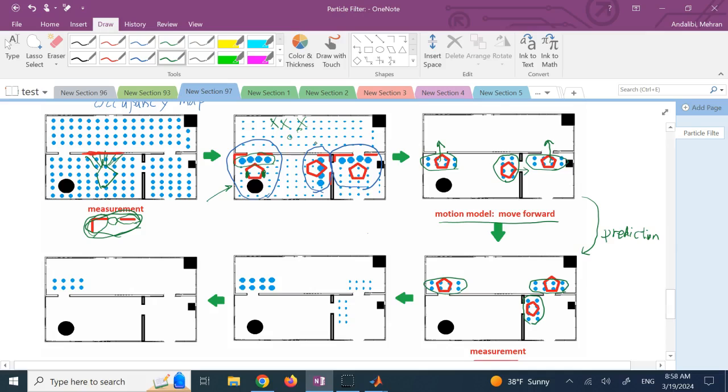Instead, in the positions that are likely, I'm going to resample. So you see here, I only had 4 big particles. Now I replace those 4 big particles with 8 smaller ones, as big as these original ones. So I resample basically here.